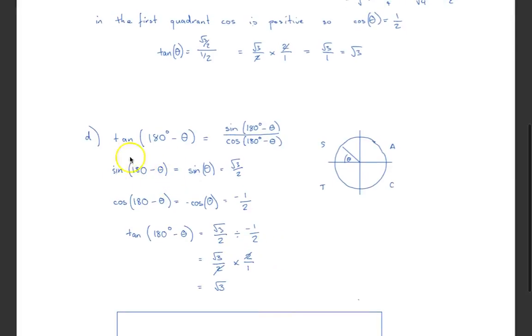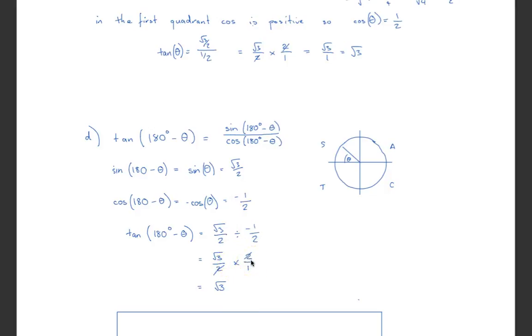So now that we've got sine of 180 minus theta and cosine of 180 minus theta, we can work out what tan of 180 minus theta is. So we just put in our sine of 180 minus theta, which is the square root of 3 on 2, divided by our cosine of 180 minus theta, which was minus a half. Remember that when we divide by a fraction, that's the same as multiplying by the inverse of that fraction.